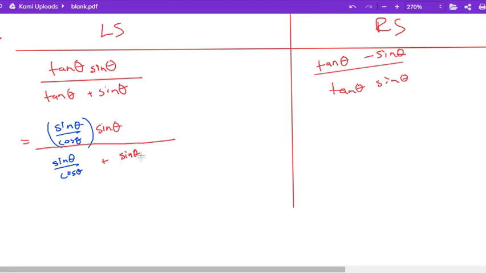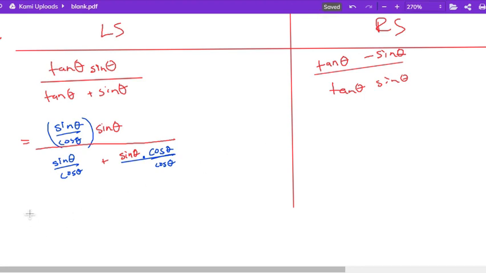In the denominator here, it's a fraction. I must find the common denominator, which is cos. So I'm going to multiply like that. I get sine times cos over cos squared.